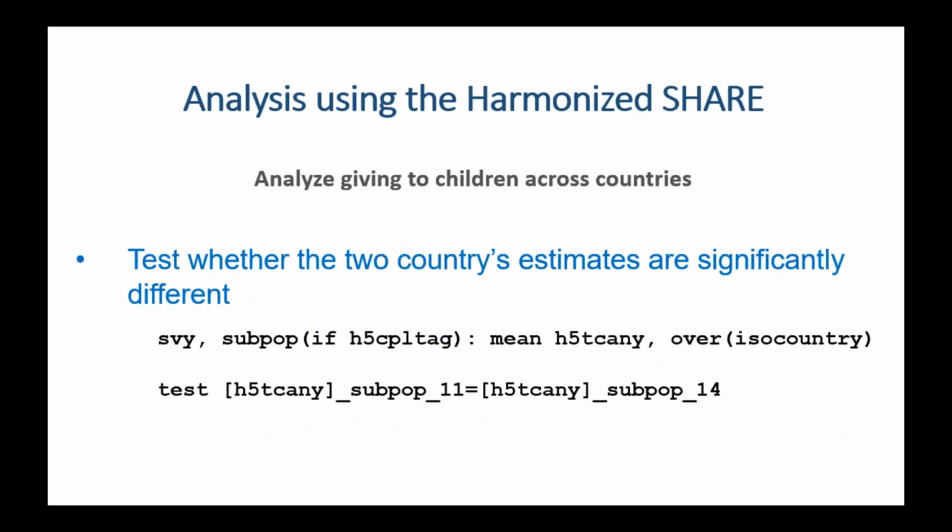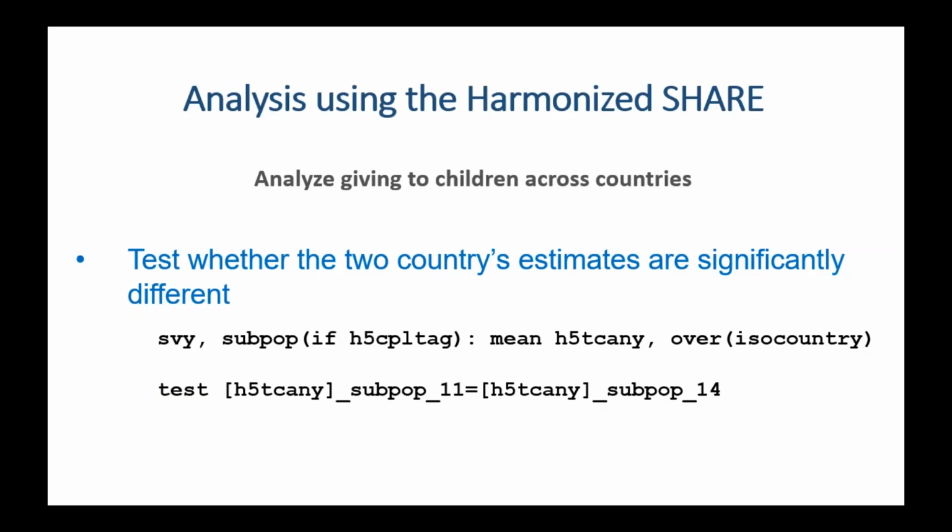We can also analyze giving to children across all of the countries and then test whether those different estimates are statistically significantly different. Again, our code is going to look very similar. So SVYSet, we're going to set our subpopulation, making sure we only have H5 couple tags, so one couple per observation.